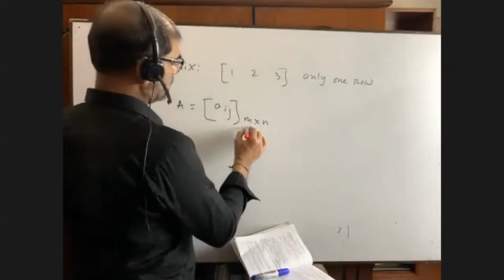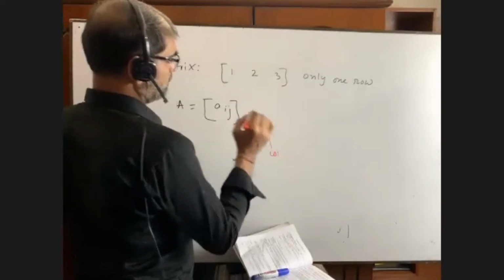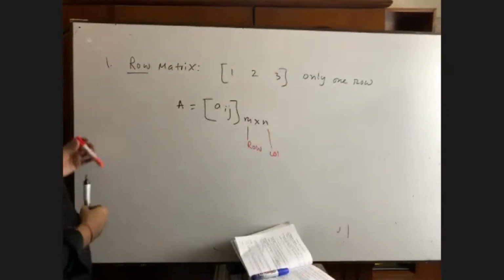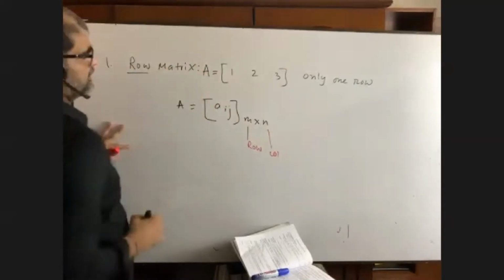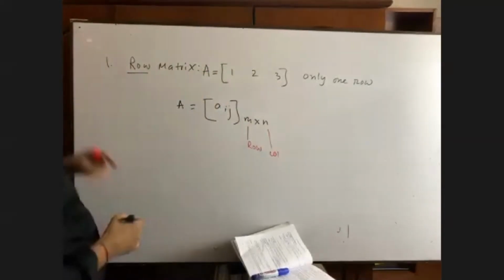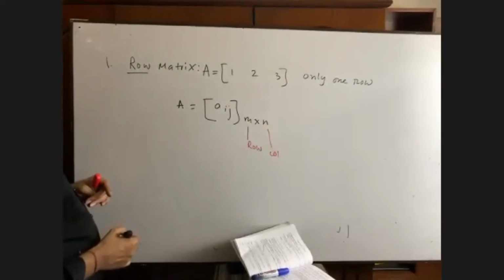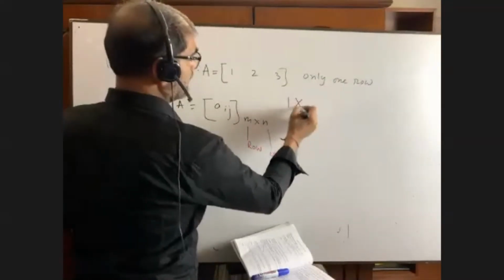Row. Here N means what? Column. In a row matrix, how many rows do we have? Suppose it is indicated by A, then how many rows do we have? Only one row. So it is a matrix of order 1 into n.